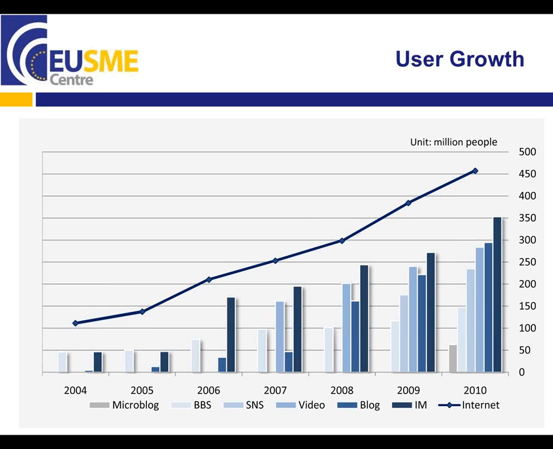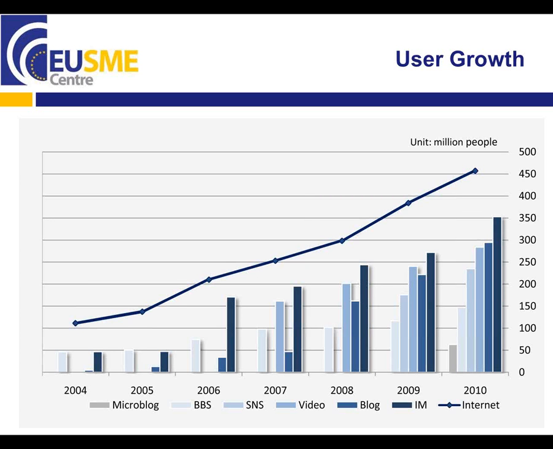In terms of users, you have a small chart that goes from 2004 to 2010, which is basically the last 8 years. We see a complete explosion of internet users. In 2004, it was very simple, mostly browsing the internet on regular browsers.